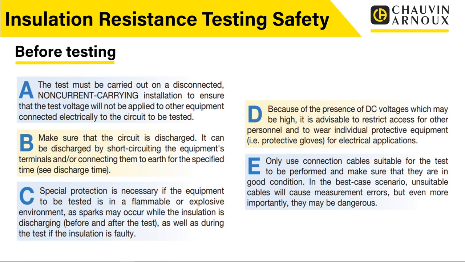We're only talking very small currents, but the level of voltage there is enough for an electric shock. So you could actually get an electric shock from these circuits. They could be dangerous. So it's very, very important when we carry out insulation resistance testing that we consider that we are applying dangerous levels of voltage to the installation or to the equipment under test.